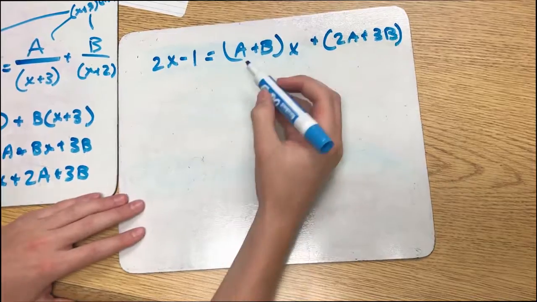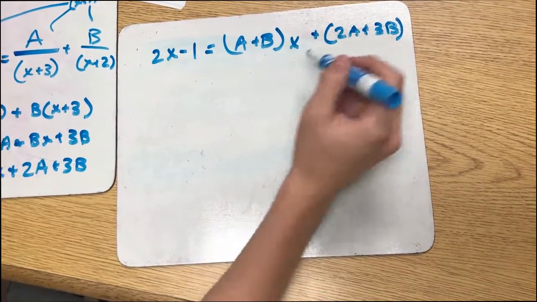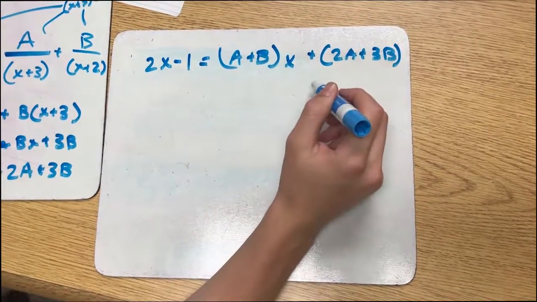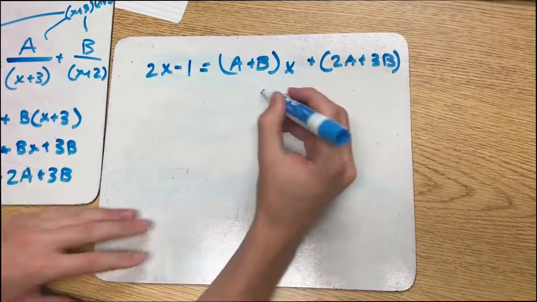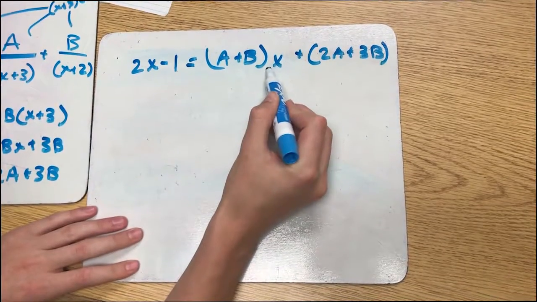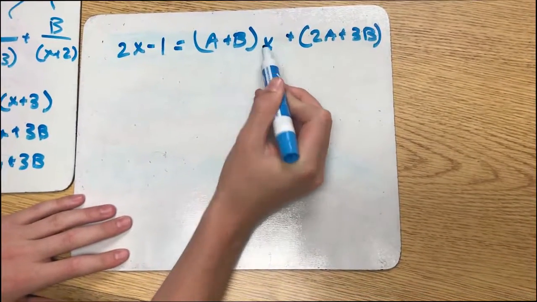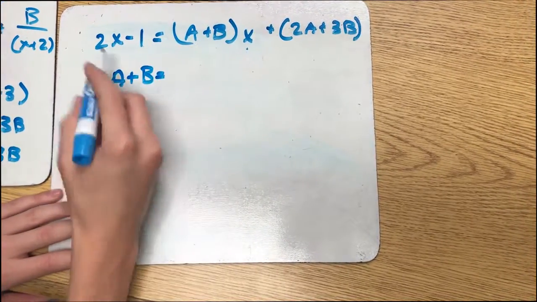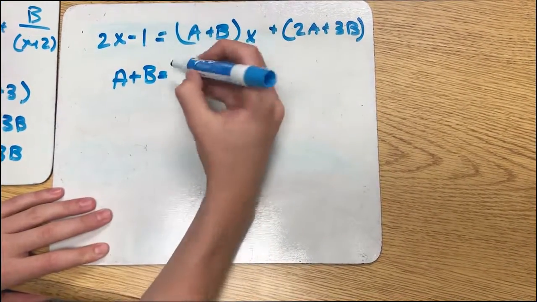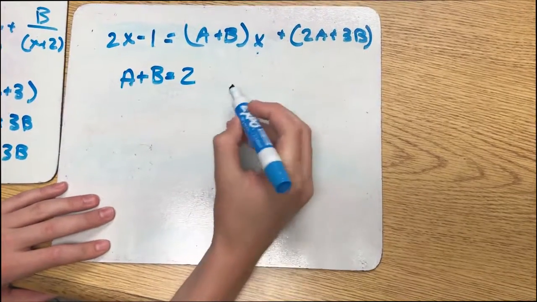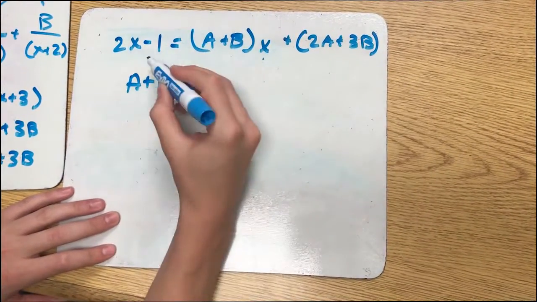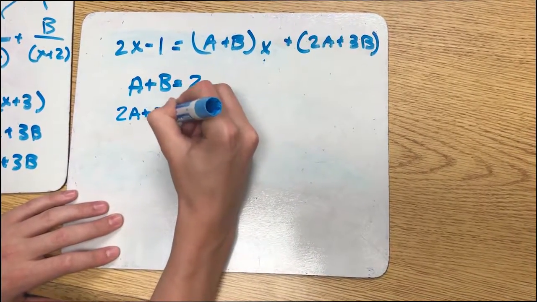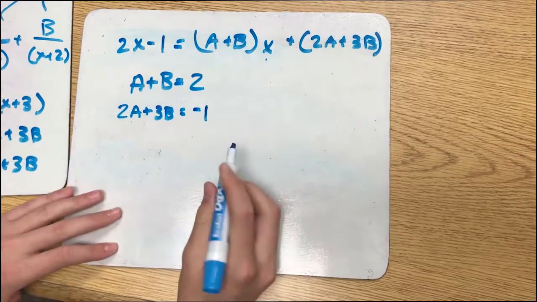Now we are going to take these and set it up into equations where we can use elimination to find a and b. Since this is multiplied by the x, we set a plus b equal to whatever's multiplied by the x over here. So we get a plus b equals 2, and then we do the same thing over here, so we get 2a plus 3b equals negative 1.